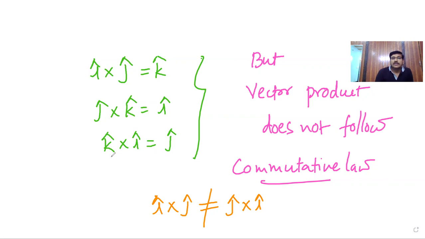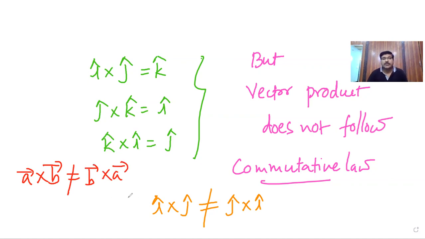Similarly, K bar cross I bar is not equal to I bar cross K bar. So, in general, A bar cross B bar is not equal to B bar cross A bar. Clear? Not equal. Okay? Have that clarity.